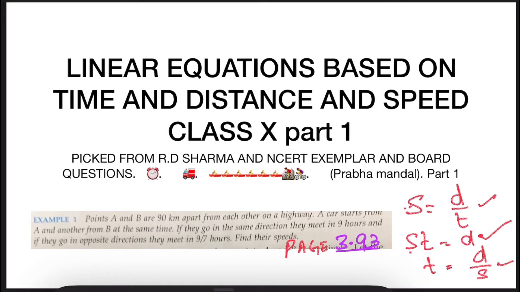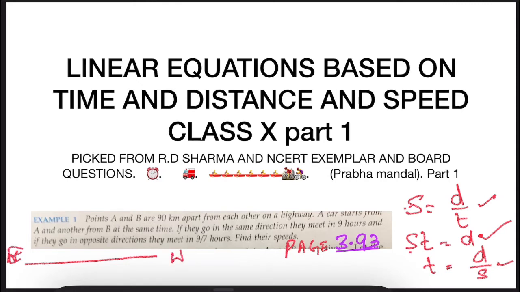Now in this question, it says two points, A and B, are there on the highway. The distance between point A and B is 90 kilometers. First, in this question it generally comes that they go in the same direction. Suppose this is east and west.